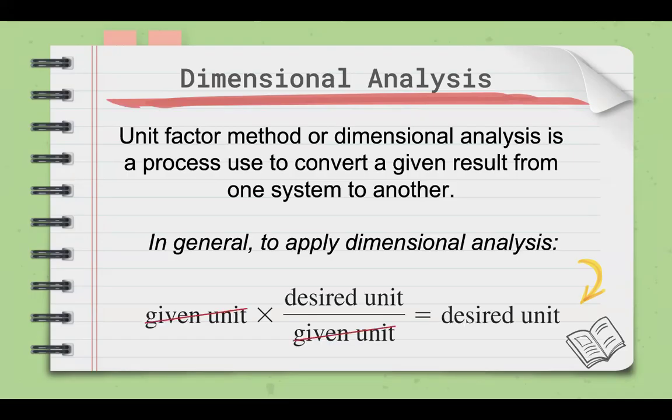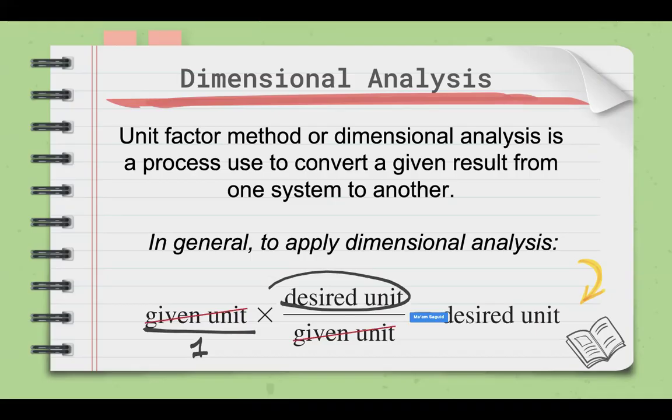So I would like you to remember this general rule in converting a certain unit of measurement. Remember that the given unit always looks like it's on the numerator. It's understood to be over 1. So you have to multiply, and put the desired unit always on the numerator.